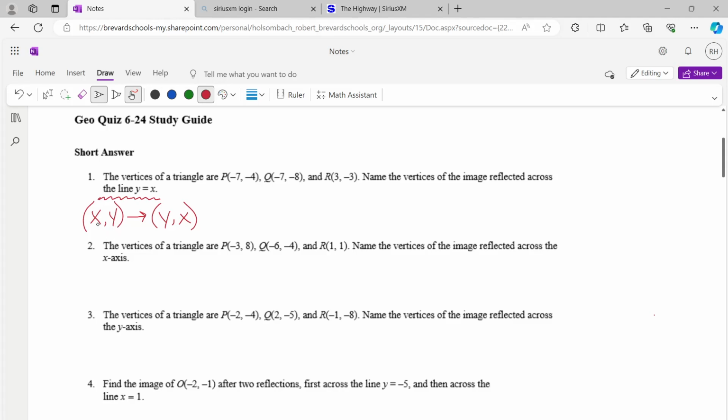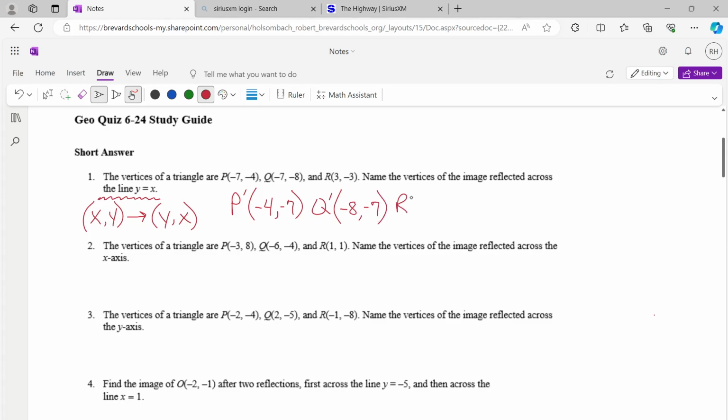you don't have to do that. All you have to do is, P prime is going to be located at, we're just going to switch the x and the y's, all right? It's going to be located at -4, -7. That's the rule. It's a shortcut rule. Point Q prime will be located at -8, -7.